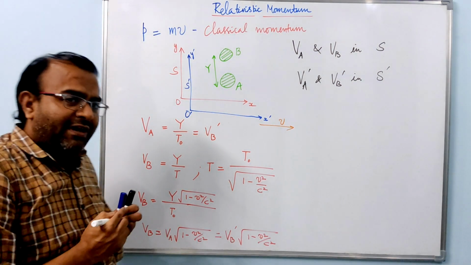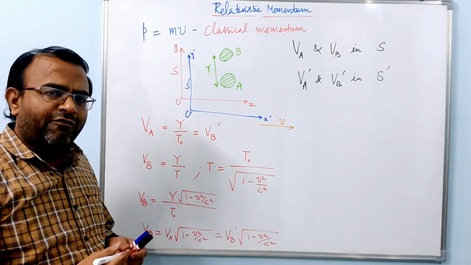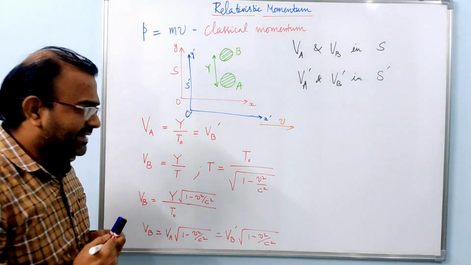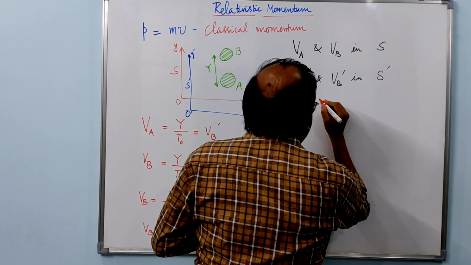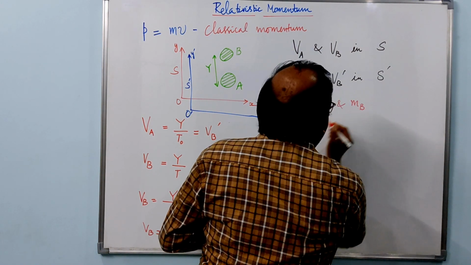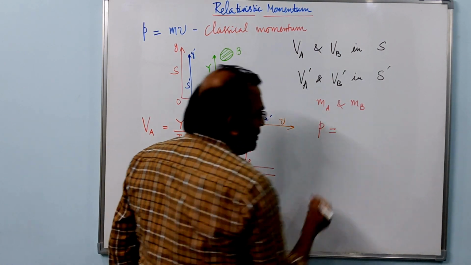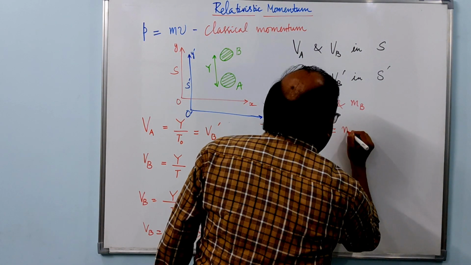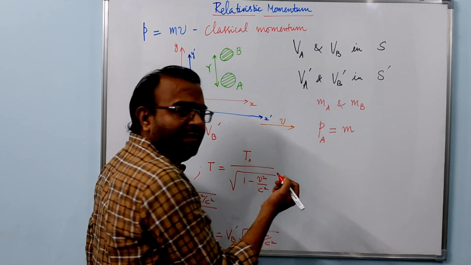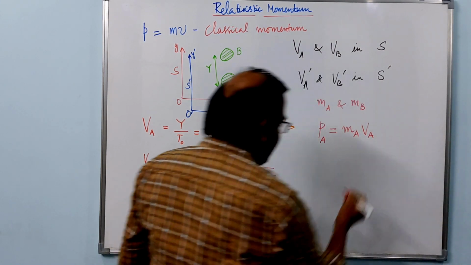So let us say the masses of these two objects in their own frames of reference, in which both the objects are at rest, are respectively MA and MB for A and B. Then we can write an expression P. The momentum of the object A is PA equal to MA times VA.